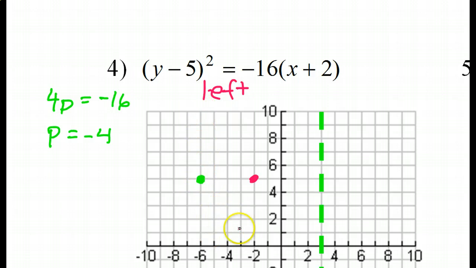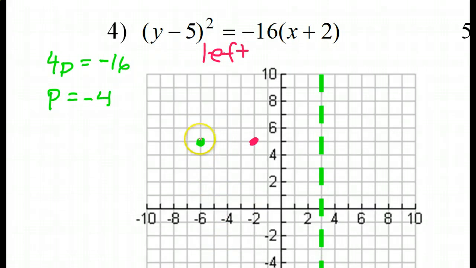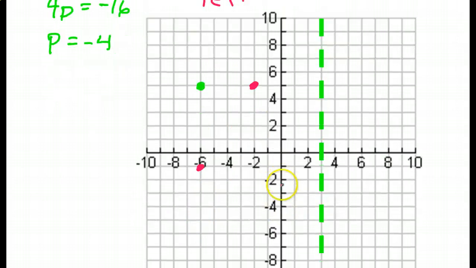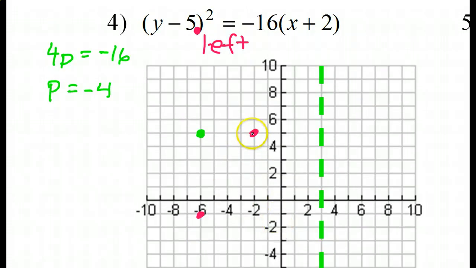So that's going to take me off the grid. 1, 2, 3, 4, 5, 6, 7, 8. Be right about there. So okay, I had to go off the grid for this one. That's all right. We've got to be flexible sometimes. Okay, so there's number 4.